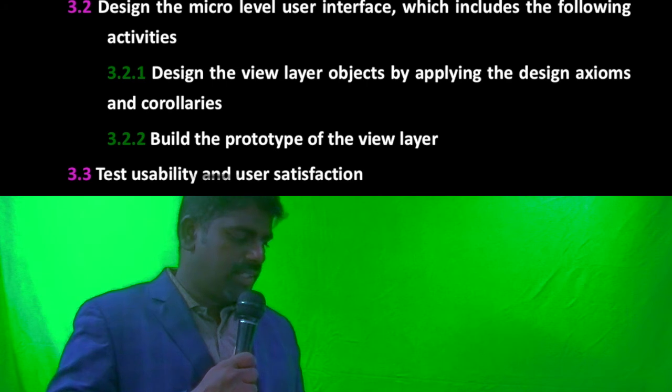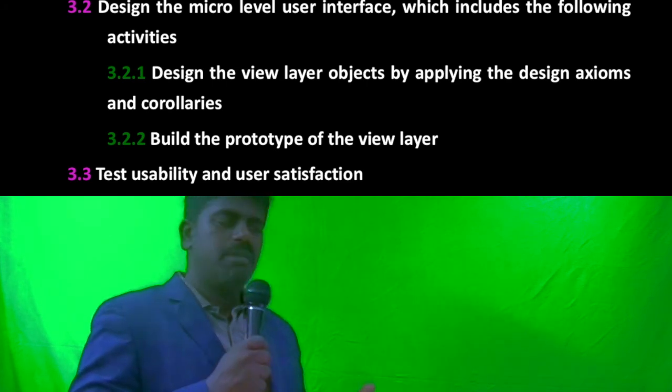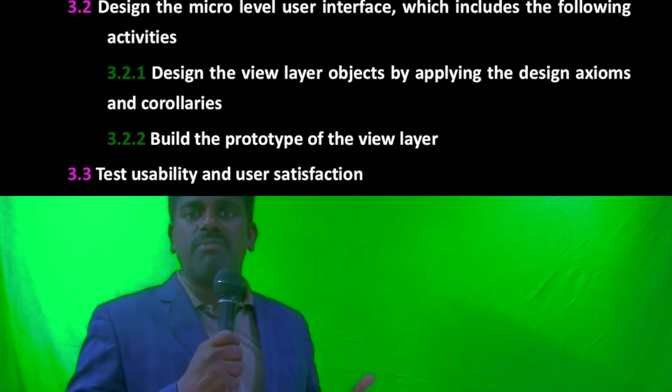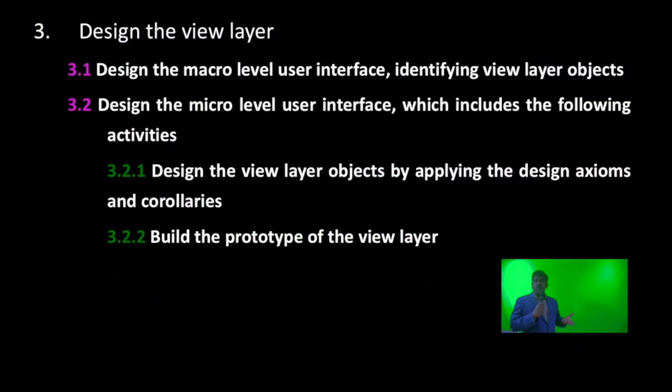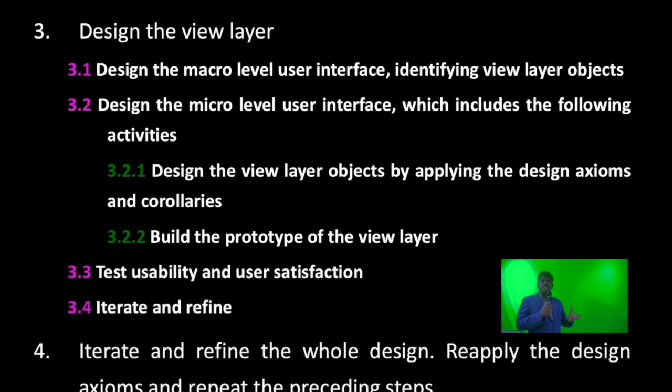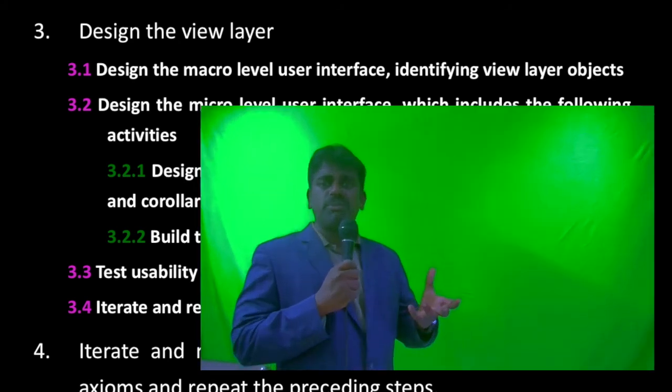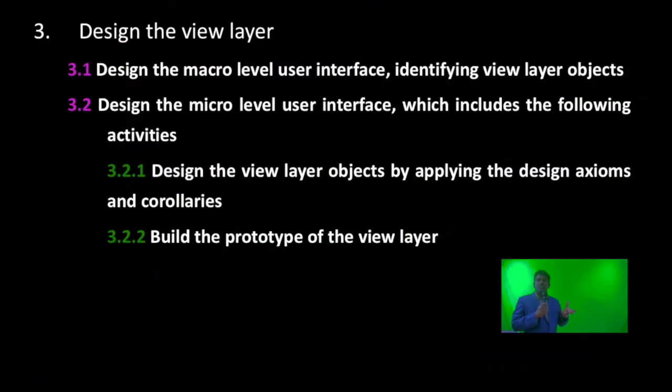For example, if we go for the login module again, we have to give the username and password. Those will be the attributes we have to give. So we find out how the user is going to interact with the system in the login module by giving the username and password. These are the things we talk about at the macro level.